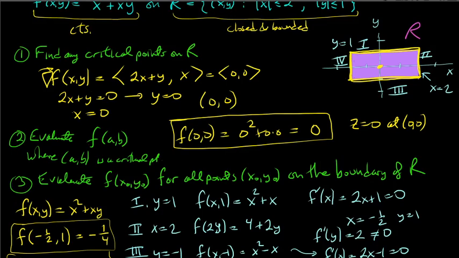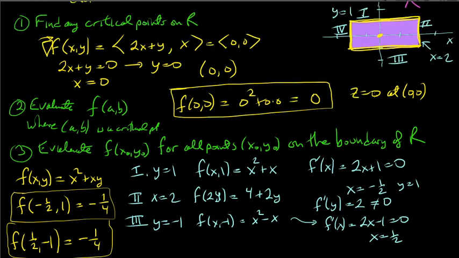And then finally, region 4 here, that's the left part of the graph. Region 3 was just y equals negative 1. And region 4 here is x equals negative 2.